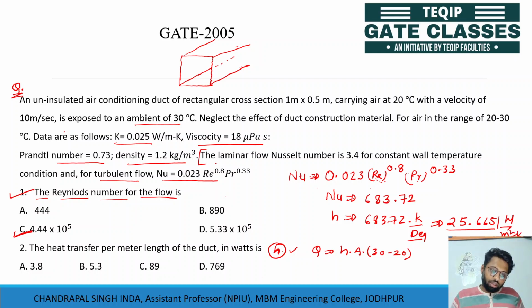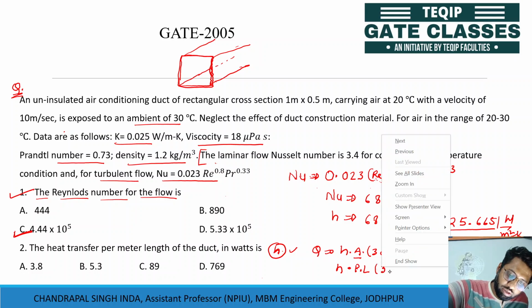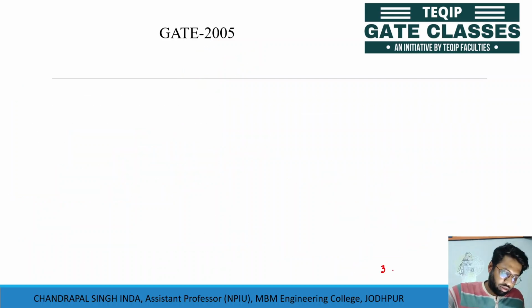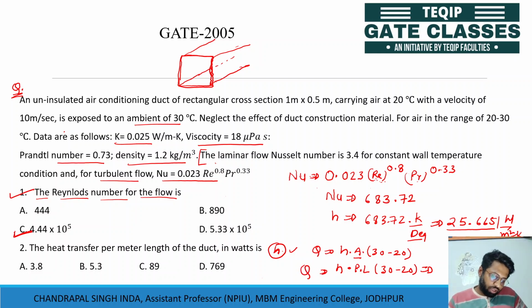Now the area will be the perimeter into length. So Q will be h P L times 30 minus 20, and the value of L is unknown. That's why the question has asked for heat transfer per unit length of the duct.